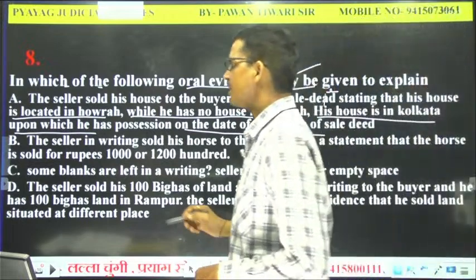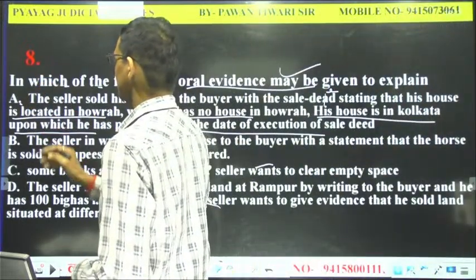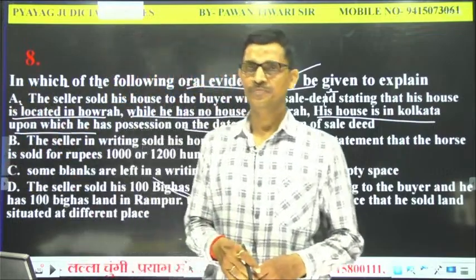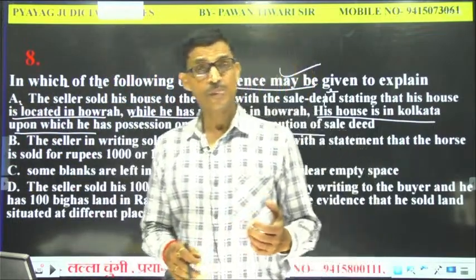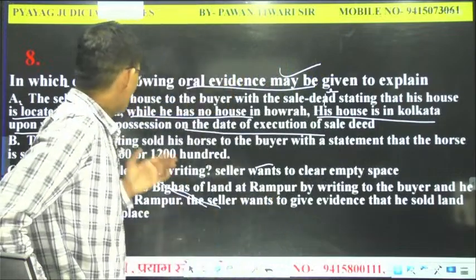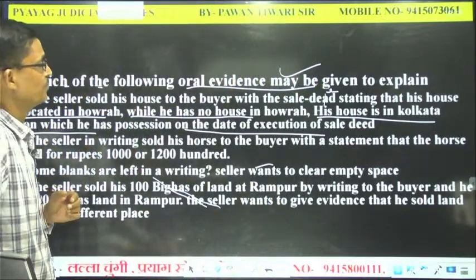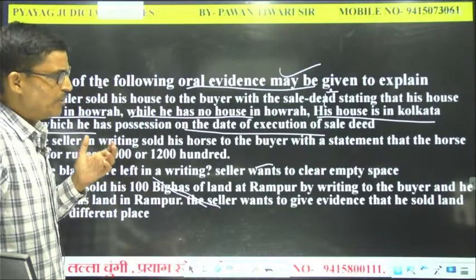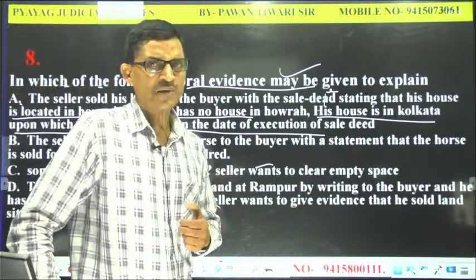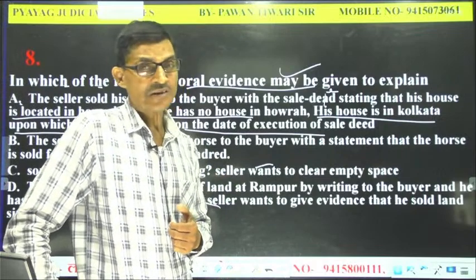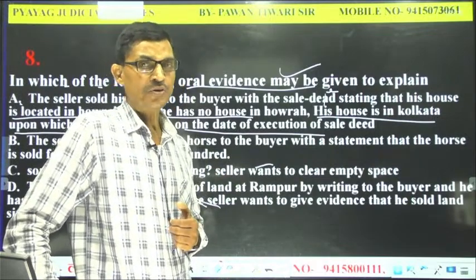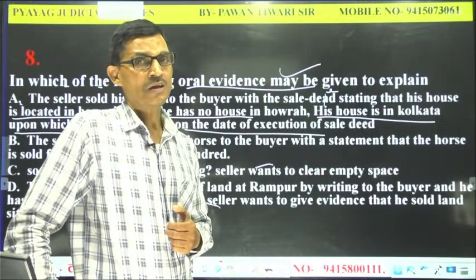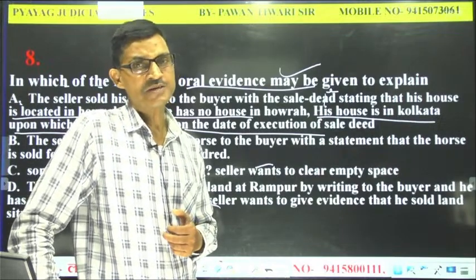In option A, it is clear that oral evidence may be given. Here the ambiguity is not on the face of the document, it is not a direct ambiguity, it is an indirect ambiguity. When the ambiguity is indirect, oral evidence may be given.